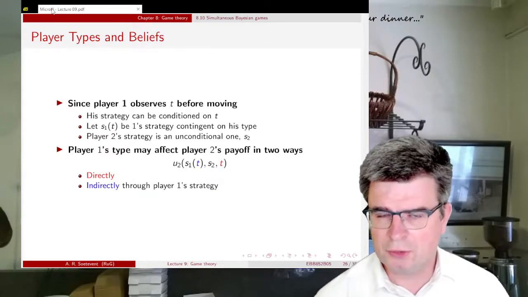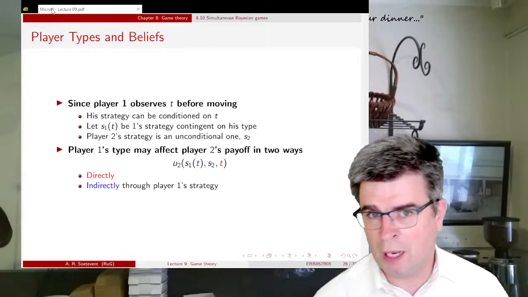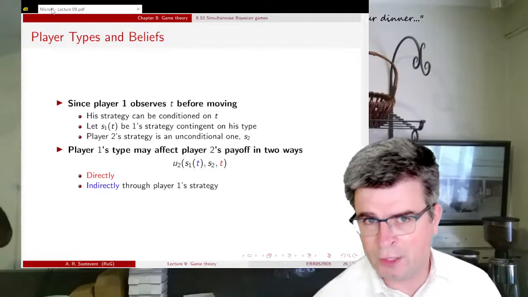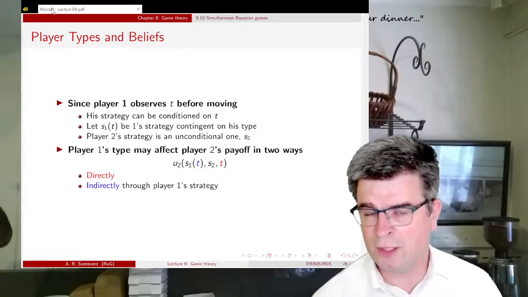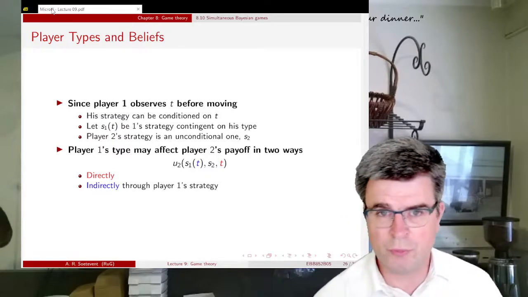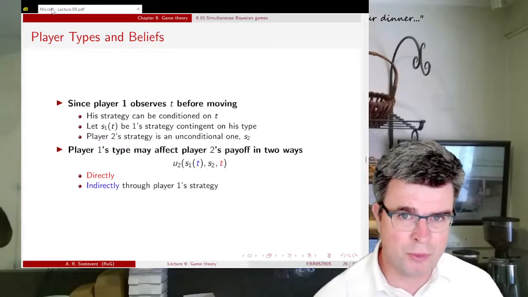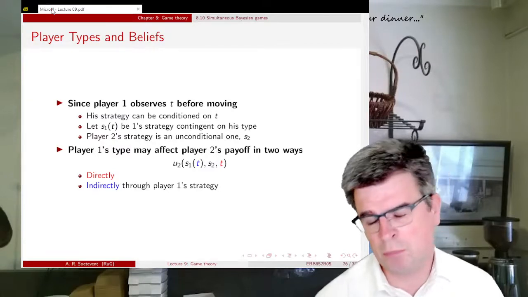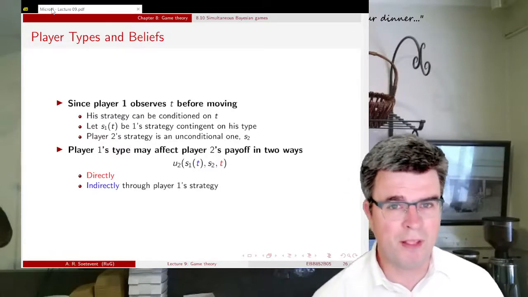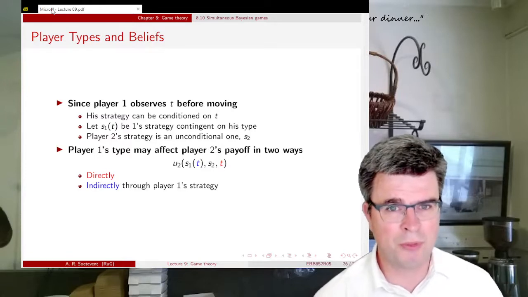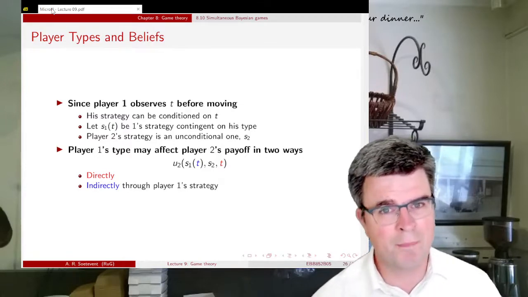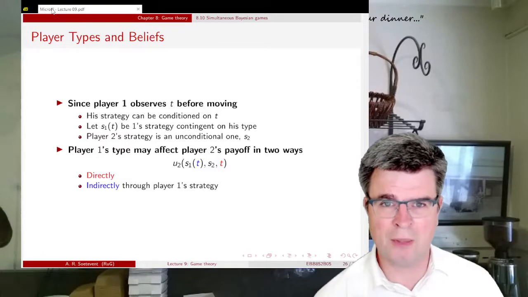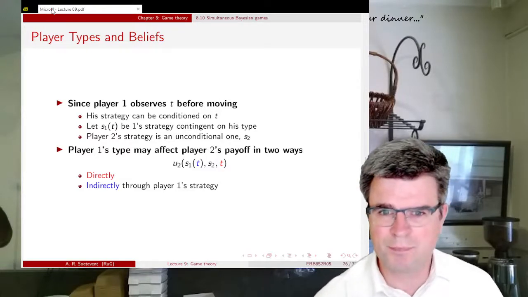So this is also the situation where I, as an instructor, need to find out whether students cheat. I don't observe whether a student is of the cheating type or not, but I do have some idea of the probabilities, saying, for example, that maybe 10% of all students is of the cheating type and 90% is of the sound non-cheating type.